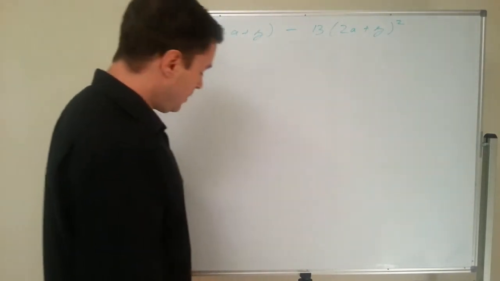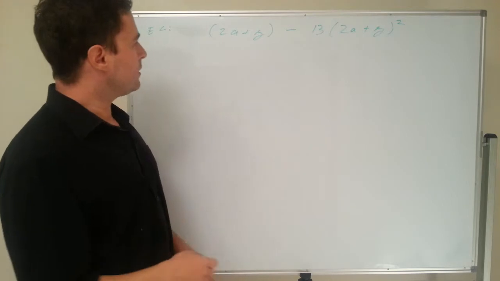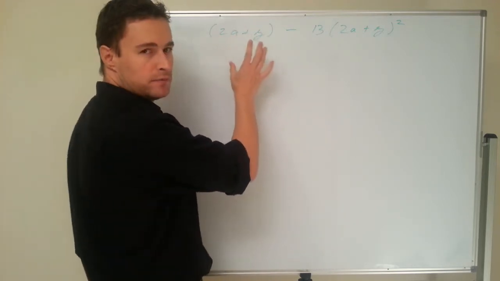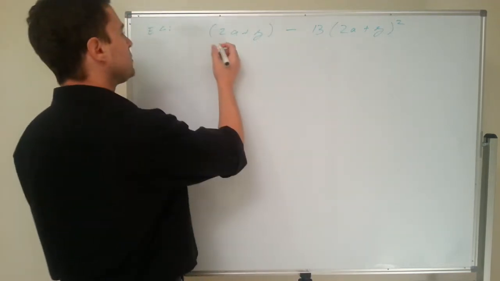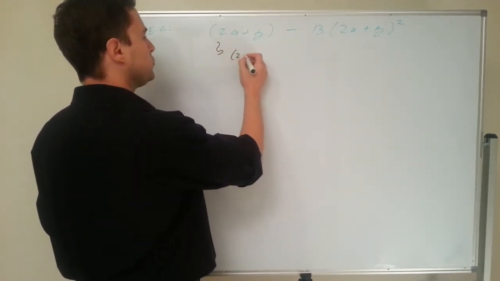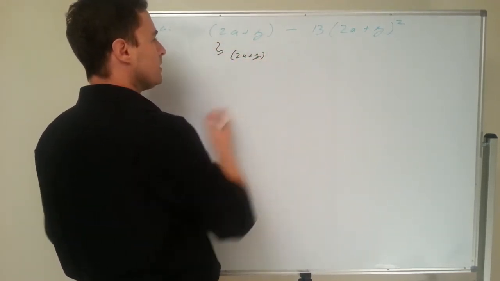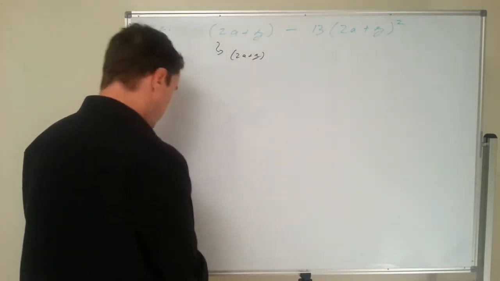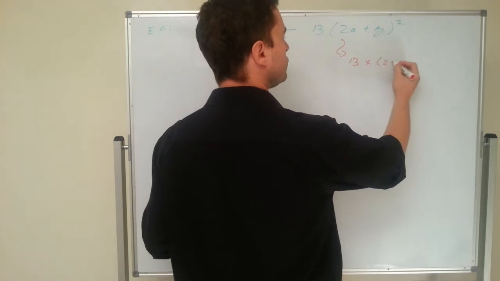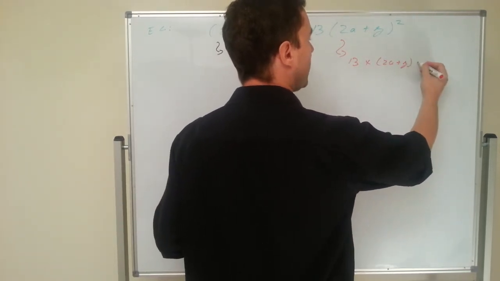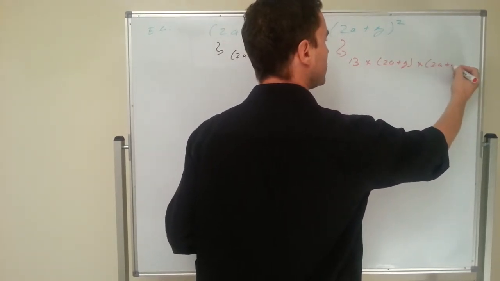The reason why I've done this is because this catches people. This really does catch people. So if we break it down, what's this? This is just 2a plus y. And then what's this? Well, this is here 13 times by 2a plus y times by 2a plus y.